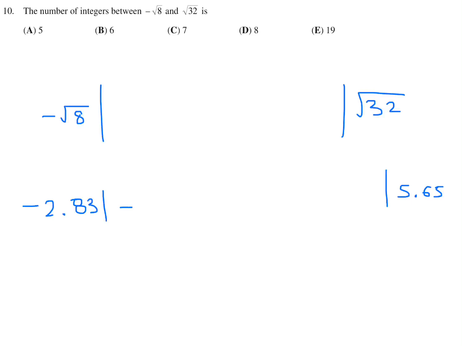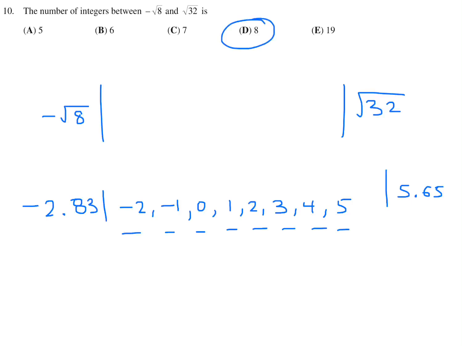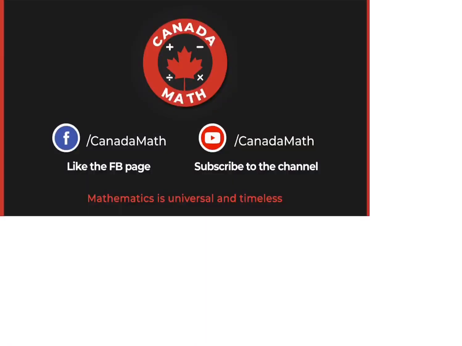And then what is the root of 32? It's 5.65. So all the integers in between, we've got negative 2, negative 1, 0, 1, 2, 3, 4, and 5. So how many are these? 1, 2, 3, 4, 5, 6, 7, 8. So the answer to number 10 is D.